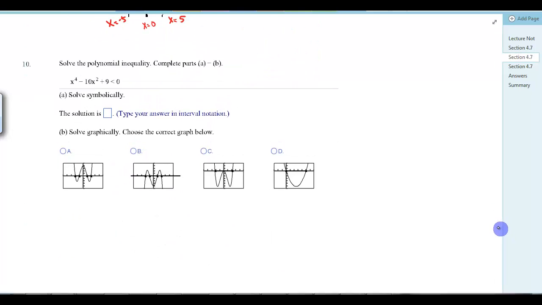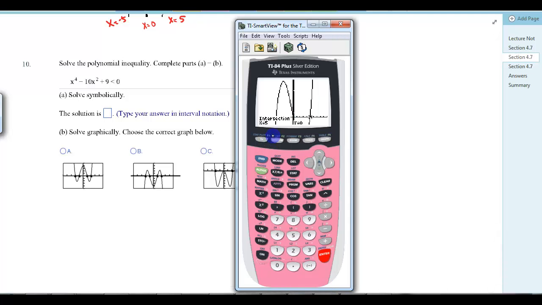All right, number 10, you're supposed to solve this symbolically and graphically. Well, we're going to use our calculator anyway. So we're going to go to y equals, and we're going to clear that out, and x to the 4th minus 10x squared plus 9, and graph.